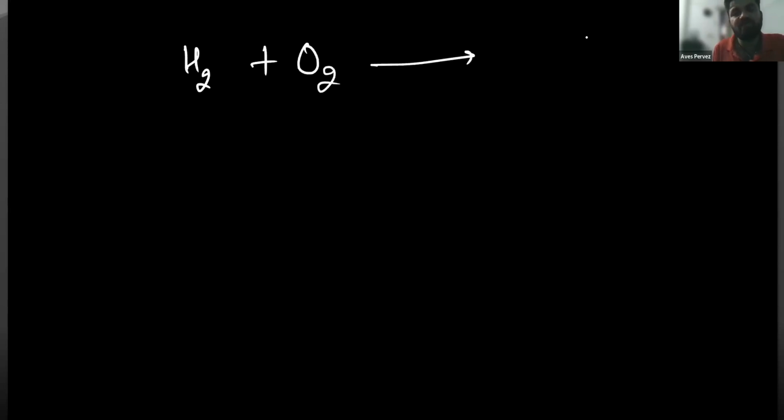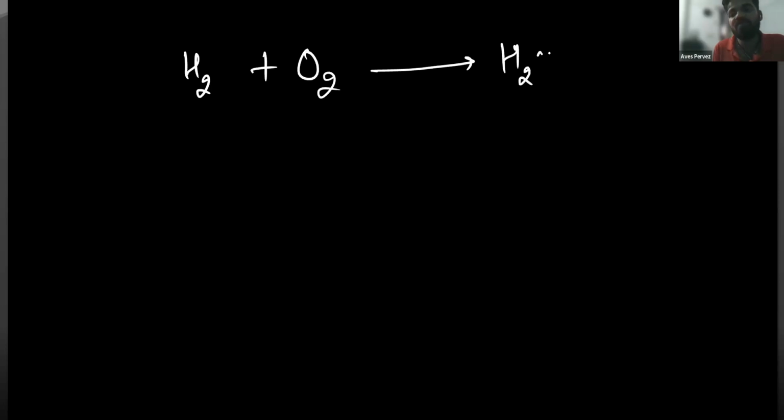Yes, due to the law of conservation of mass, the total mass of the reactants must be equal to the total mass of the products. The mass of one hydrogen atom is 1, so H2 will be 2. The mass of one oxygen atom is 16, so O2 will be 32.